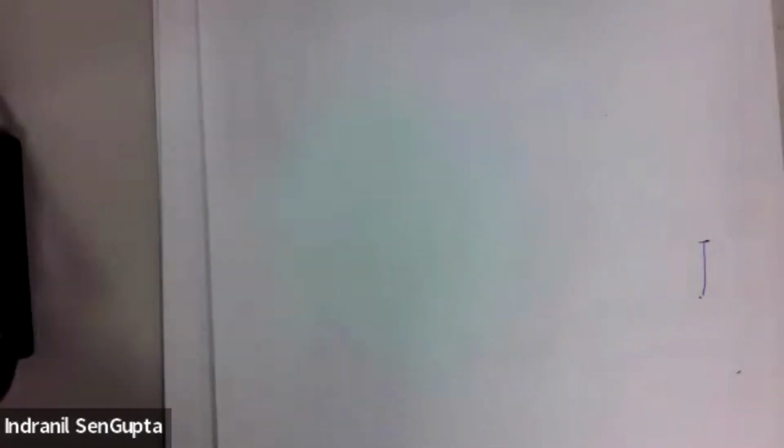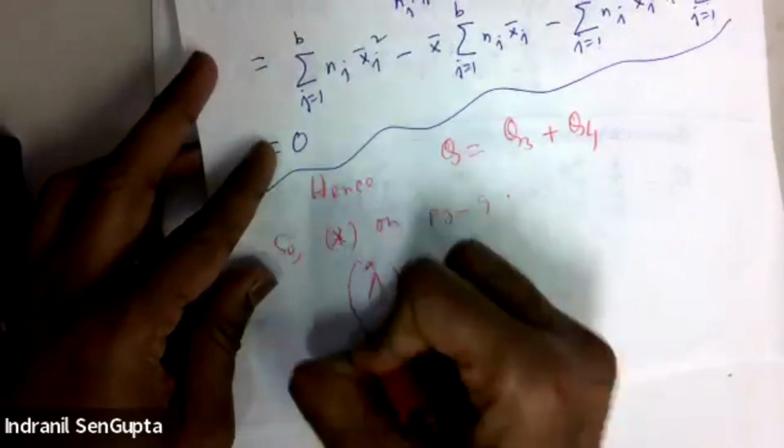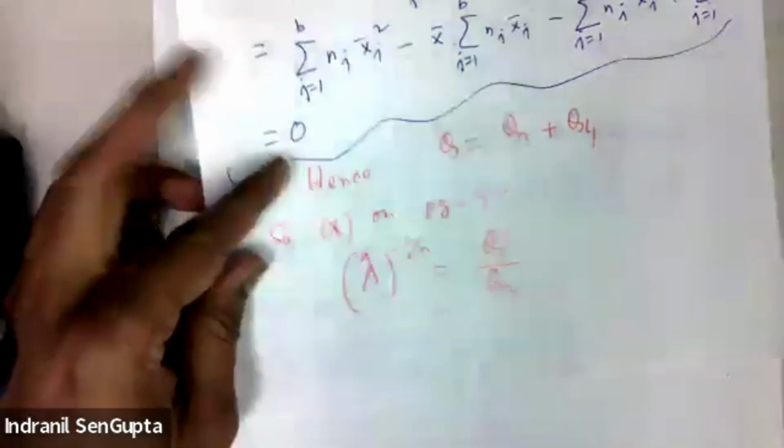So we can write this gamma hat minus 2 over n is really Q over Q3.